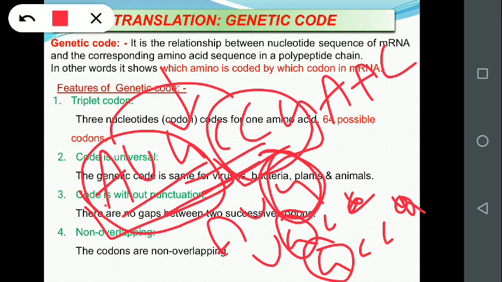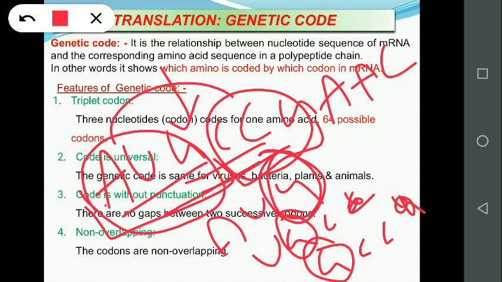That is not the case in fact. So there is no overlapping during the reading of the nucleotide sequence or codons. Each and every nucleotide will be used in only one codon.